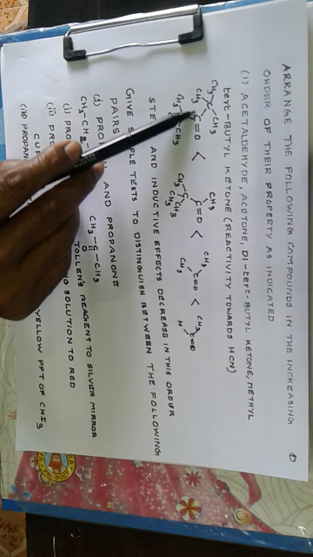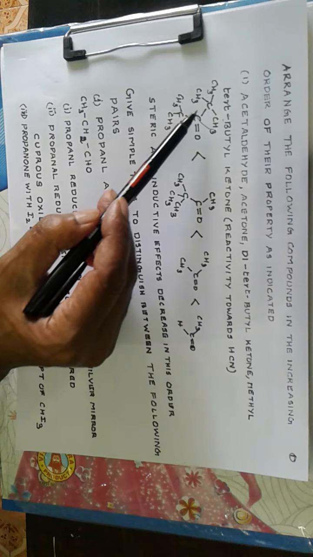Now here we are having two bulky tertiary butyl groups, and the tertiary butyl group is having a higher magnitude of inductive effect plus psi effect. So all these factors, the higher magnitude of plus psi effect, diminish the partial positive charge over carbon to a greater extent, and then the bulky tertiary butyl groups inhibit the entry of the nucleophile.